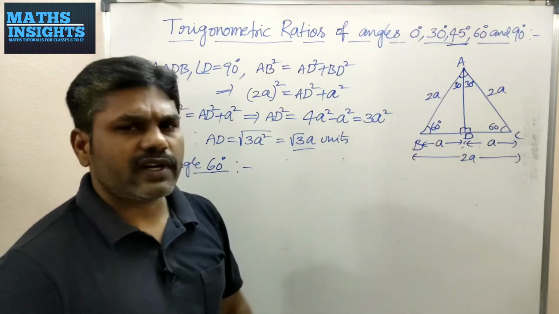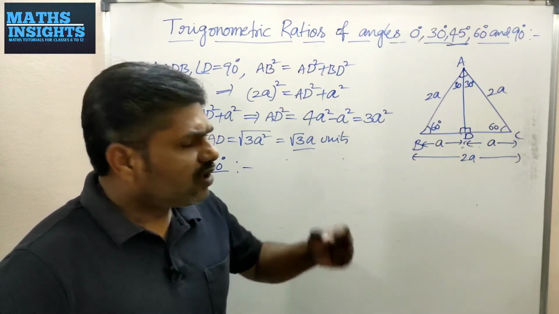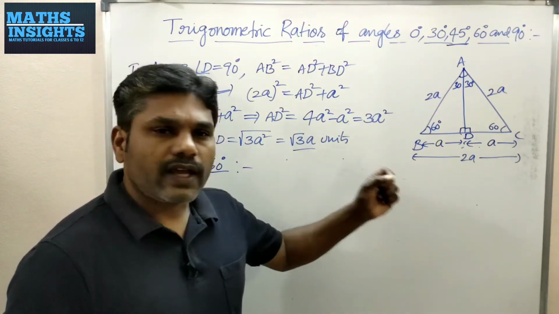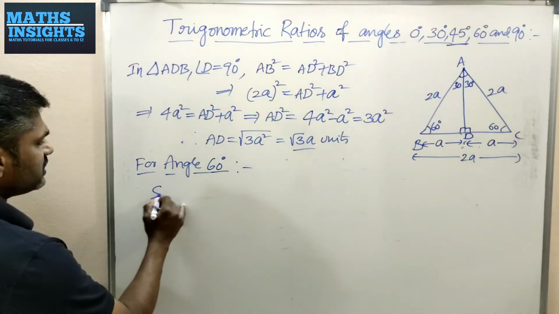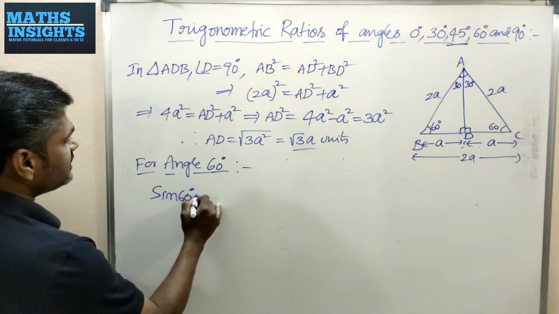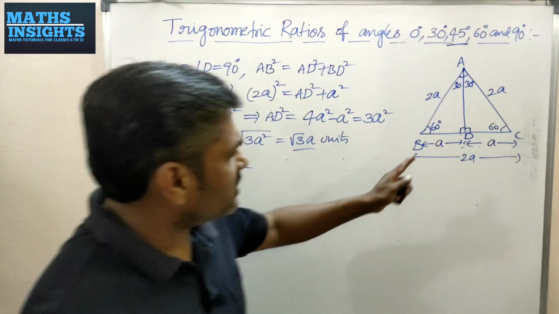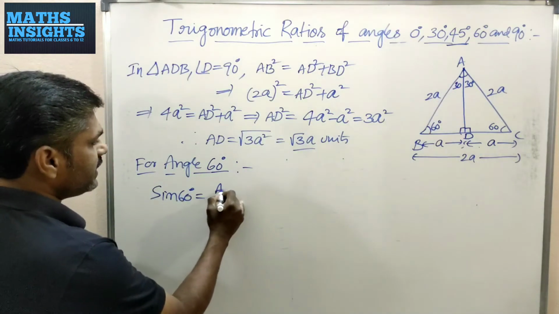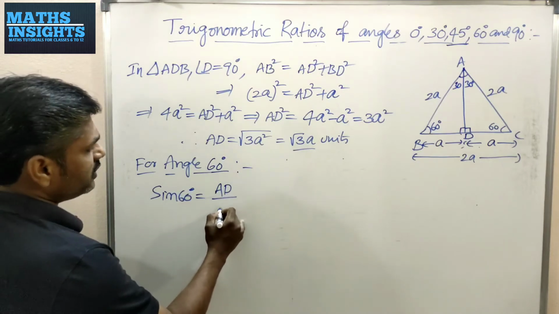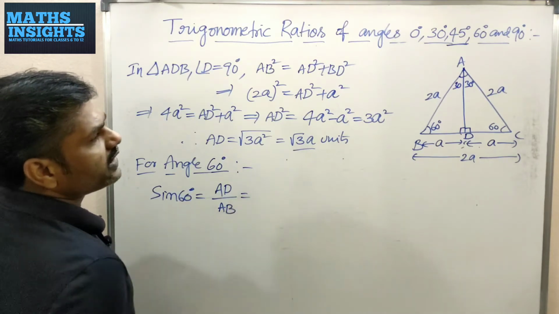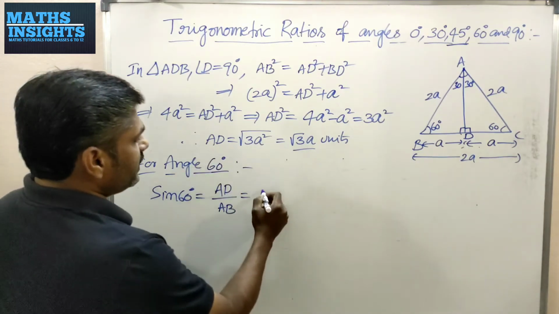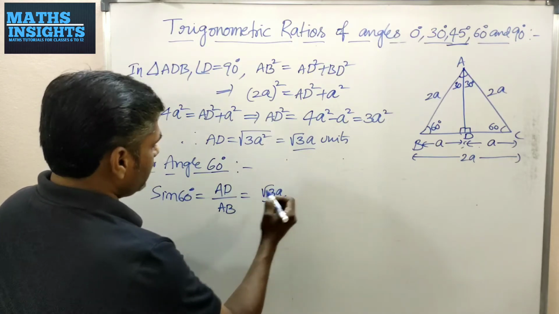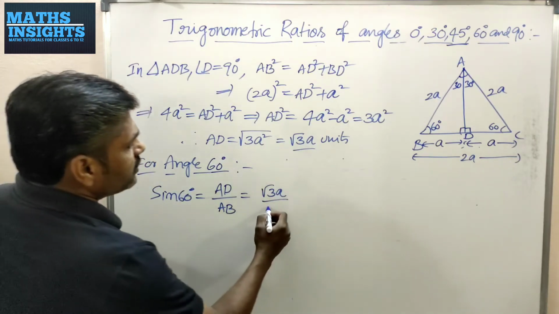By using the same triangle, I will define all trigonometric ratios for the angle 60. Therefore, sine 60, side opposite to 60. See here, side opposite to 60 will become AD. AD by hypotenuse, that is AB. What is AD value? You calculated as root 3 by A, and AB value is 2A.